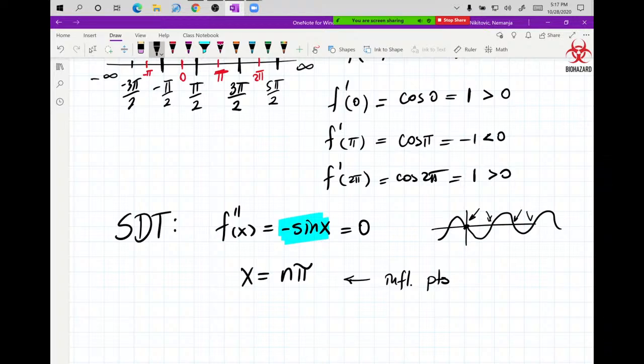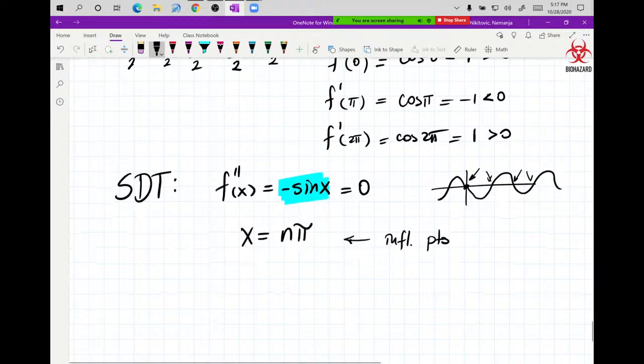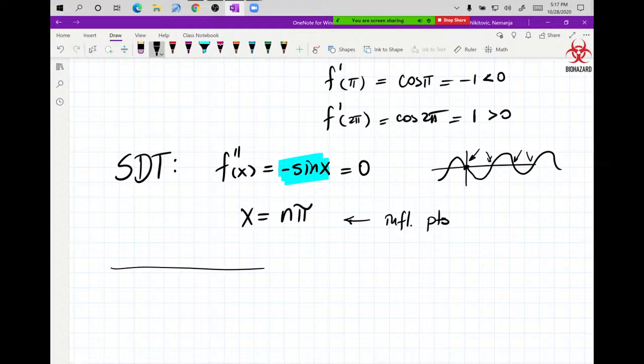So now that I have all the inflection points, I know where to partition. I can partition from negative infinity to positive infinity. I can put a 0, negative pi, positive pi, and then just pick values in between to test. Here is pi over 2.